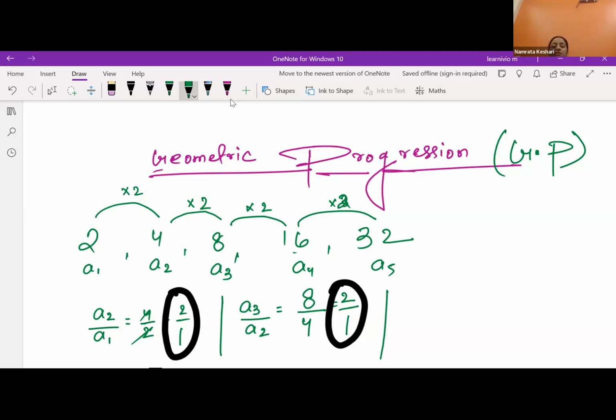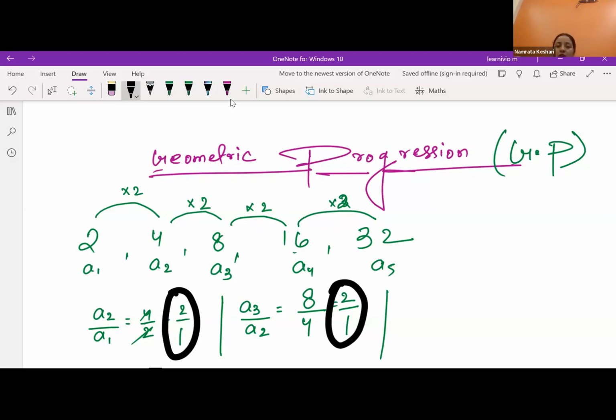Here we will always check the ratio between the second term and the first term, the third term and the second term, the fourth term and the third term. If all the ratios are the same, then we say yes, the given sequence is in GP, geometric progression. The ratio we obtained, 2/1, 2/1, and the next will also be 2/1. You can check it: 32/16 is 2/1.